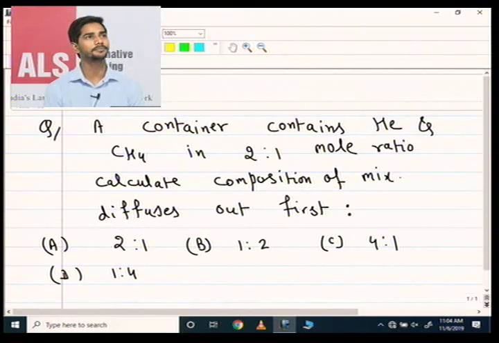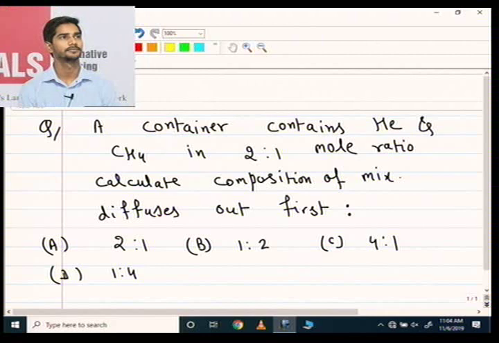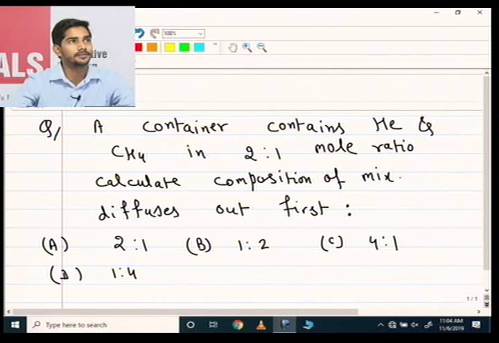Guys, do this question and tell me the answer. By the way, how many of you have completed the assignment of structure of atom? Raise your hand. Those who have completed the assignment of structure of atom, kindly raise your hand.